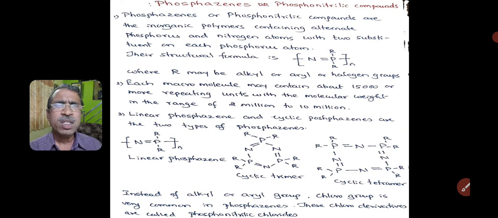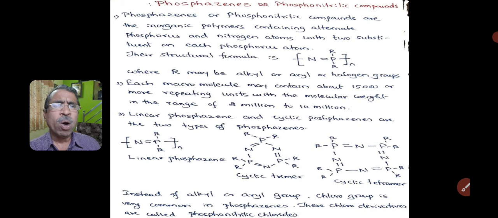Linear phosphazenes have the chain (N=P) n numbers. Cyclic polymers are in the form of a cycle. It may be a trimer, tetramer, pentamer, hexamer and so on.